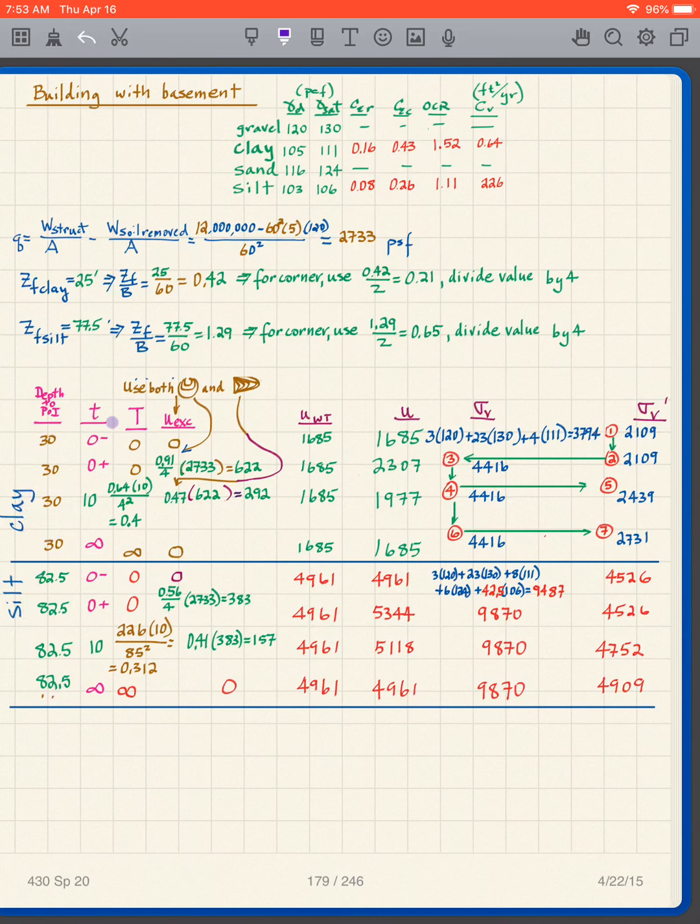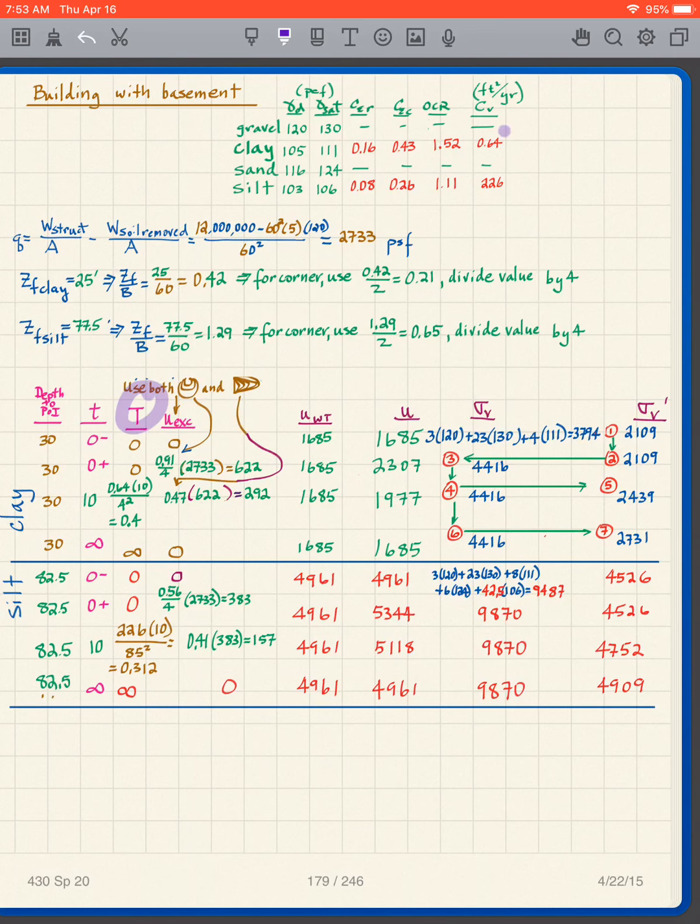We were asked for the settlement at 10 years and infinity. So we have 0 minus, 0 plus, 10 and infinity, for both. And then we calculate our t's, the same way we're doing it.